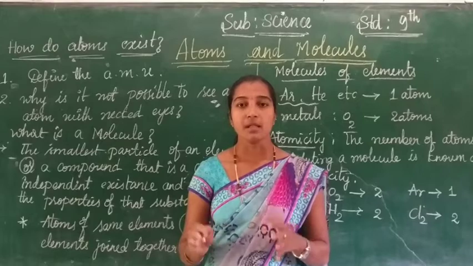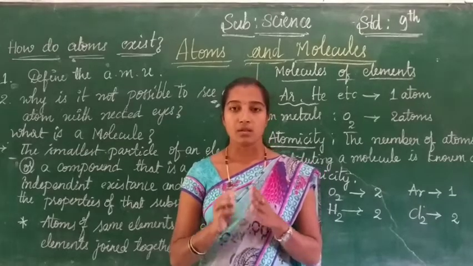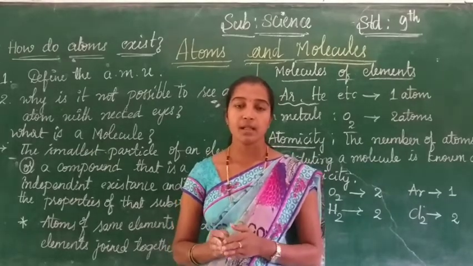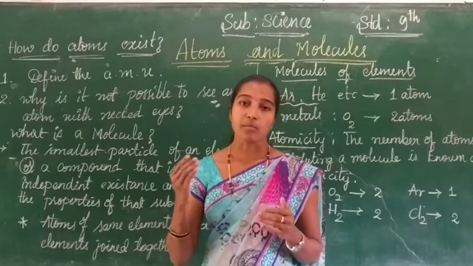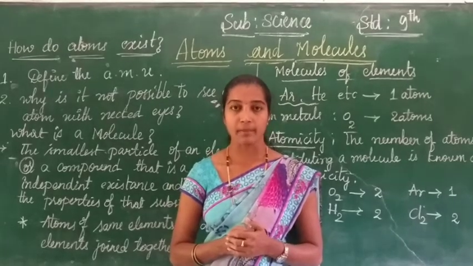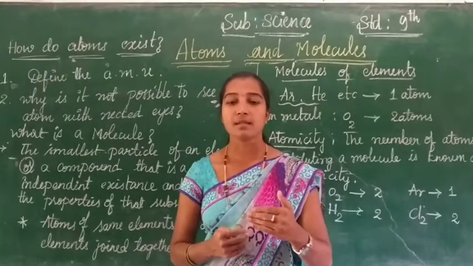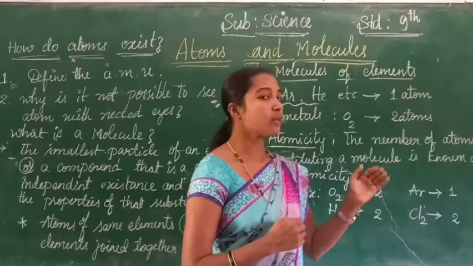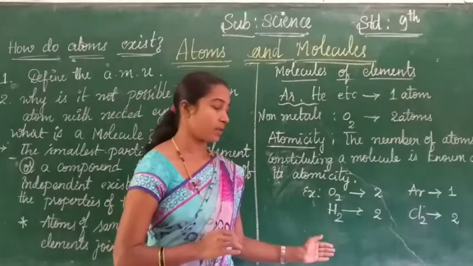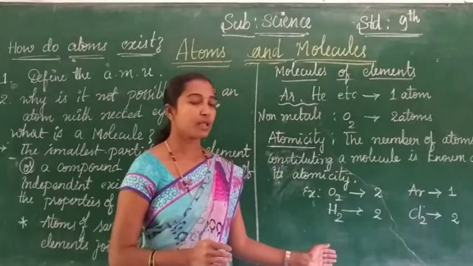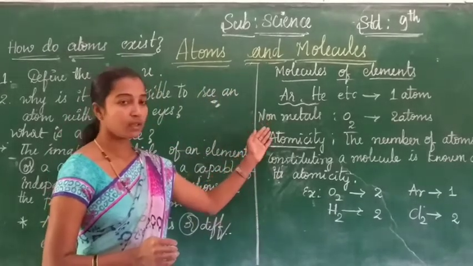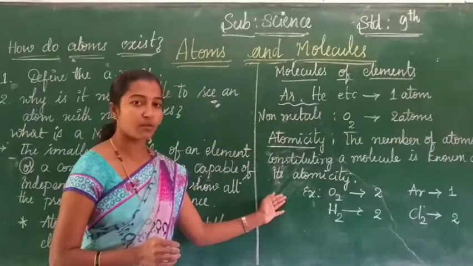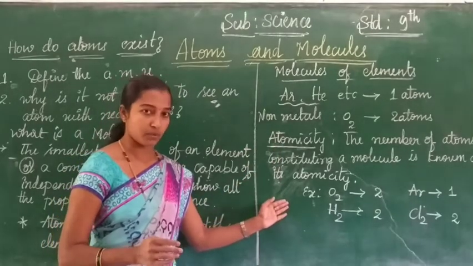Sometimes it is formed by many atoms of the element, and such molecules are called polyatomic molecules. Now let us see some molecules of elements given in your textbook. Children, take this definition and some examples of atomicity in your notes.